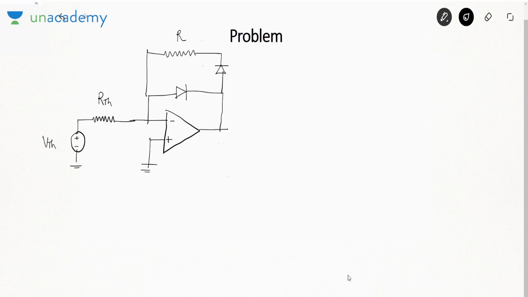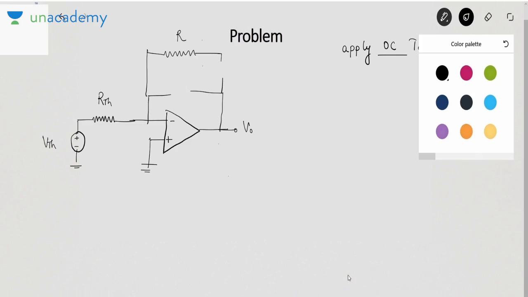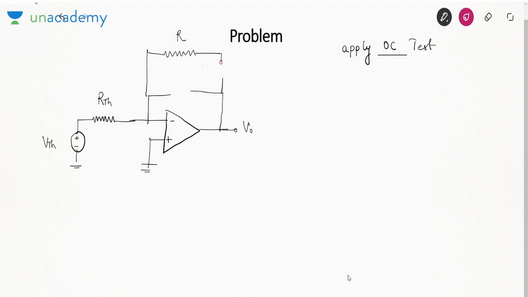Now what I have told you about circuits containing diode and OPAMP, we will apply the open circuit test. In that case, I'll open circuit the diodes like this. This is your VD1, and this is your VD2.